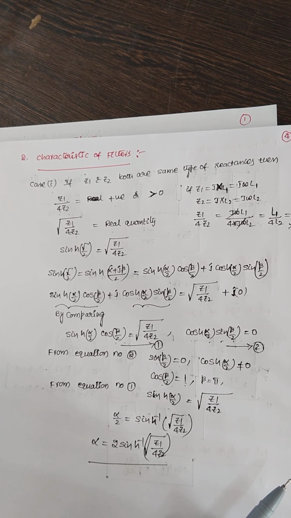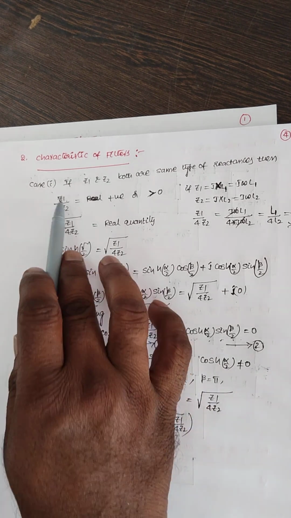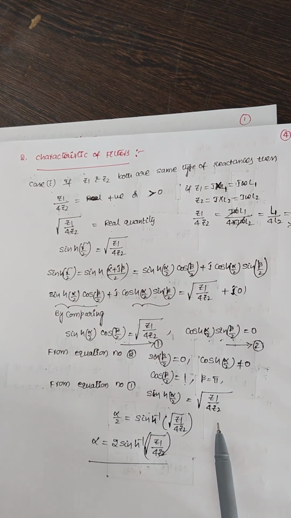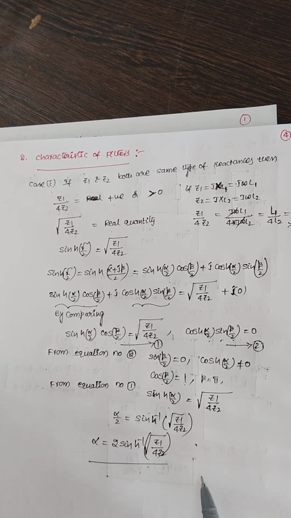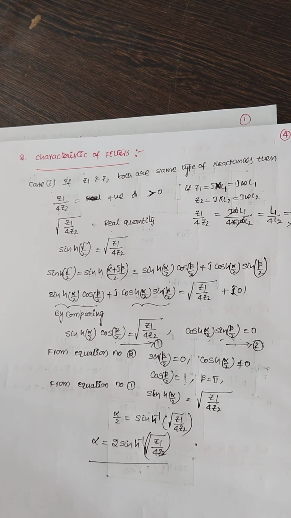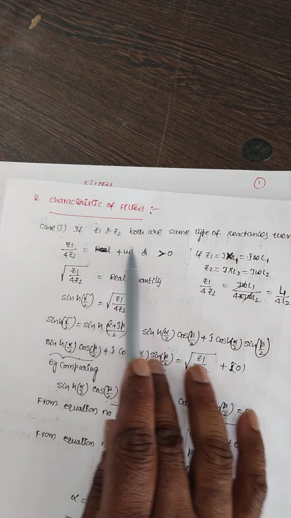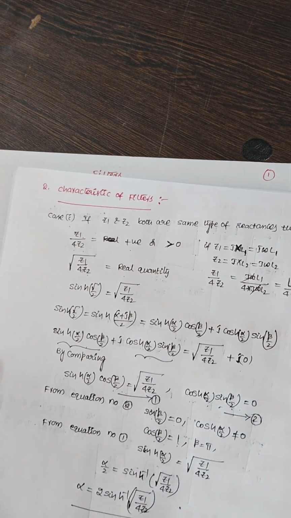That means we should not reduce the strength of the signal. But here in case number 1, if z1 and z2 are both the same type of reactances, we will get attenuation only. There will not be any chance of no attenuation. So we will not use these types of cases for the filters.